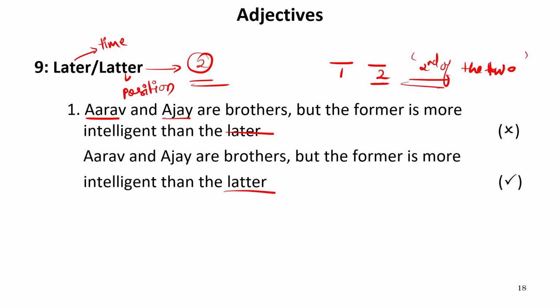So whenever we are talking about Arav and Ajay, and we are talking about the second one, that is Ajay. So Arav and Ajay are brothers, but the former is more intelligent than the latter. It means Arav is more intelligent than Ajay. So your later should be replaced with latter.